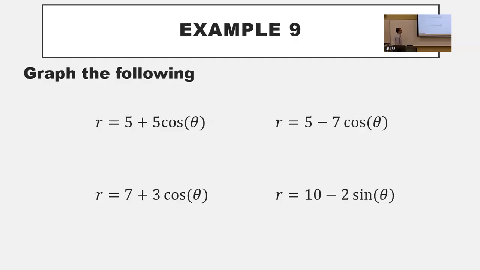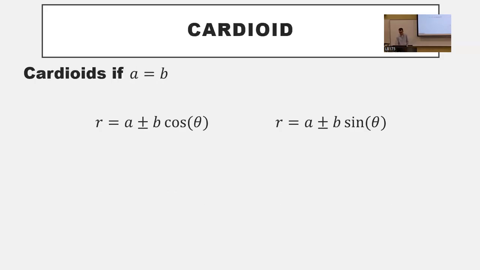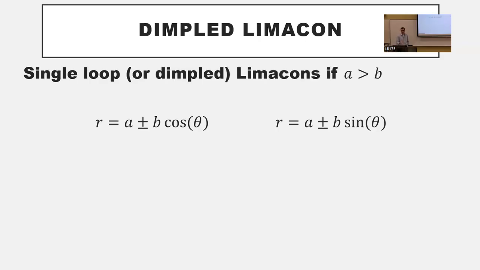We looked at these, and these were like the limacons. We had the cardioid when A or B were equal, and then we had an inner loop and a dimpled one, depending on the relationship between A and B. If A is bigger, then it's dimpled.